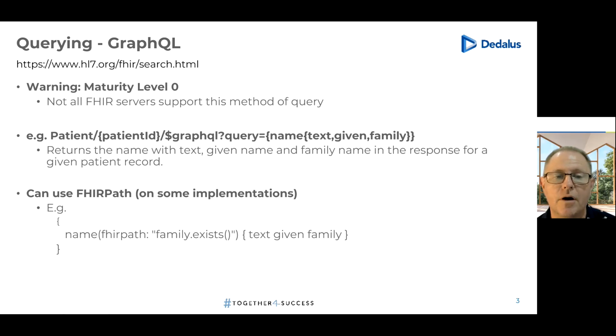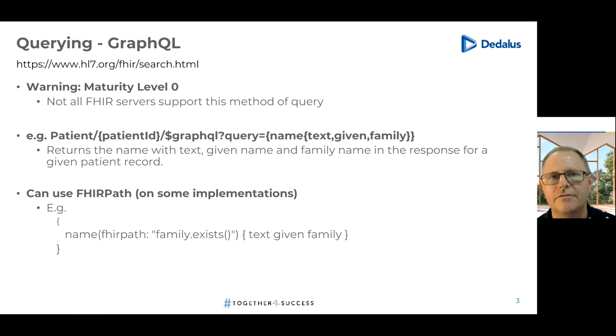For a particular patient ID, based on a single instance of a patient resource, we want to return the name, and the elements of the name that we want are the text element, given name and family name, and the response we get back is that subset of data.